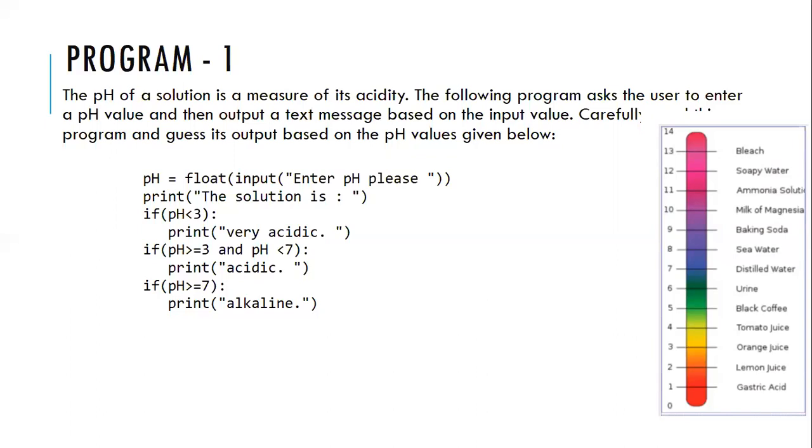So if the pH is equal to 7, then that will be considered as neutral water. And if the pH is greater than 7, then it's considered as basic, or we say alkaline. And if it's less than 7, it can be acidic or more acidic. So we can see the scales here.